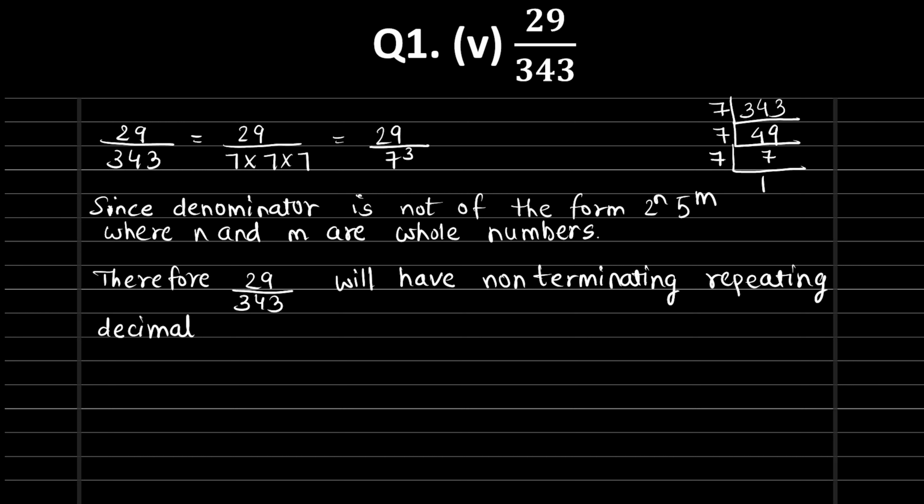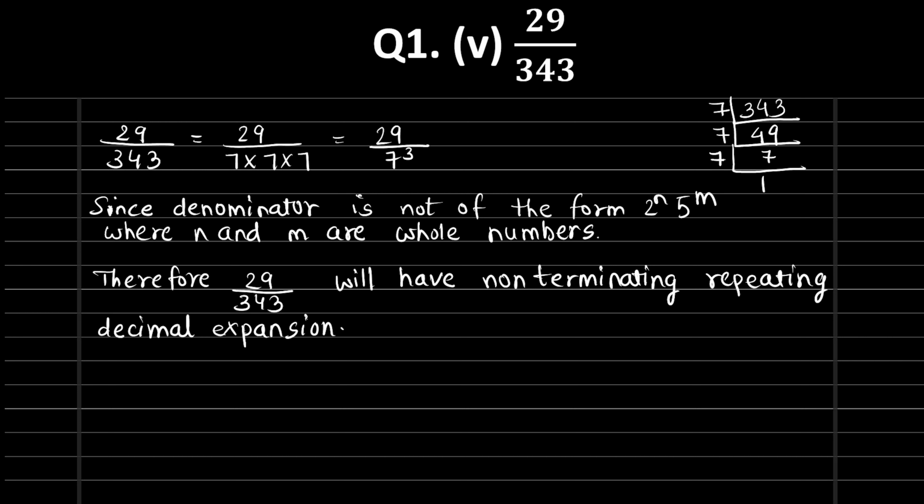So the only thing here we have to consider is that the denominator should not have any other prime factor apart from 2 and 5 in its prime factorization, right? If it is having, then it will definitely have non-terminating repeating decimal expansion. Otherwise, it will have terminating decimal expansion.